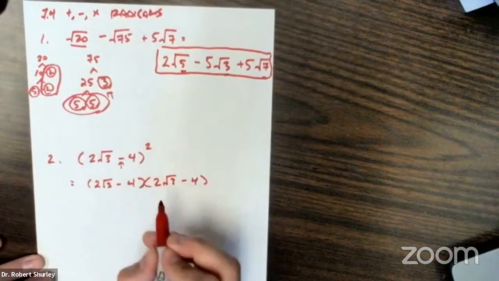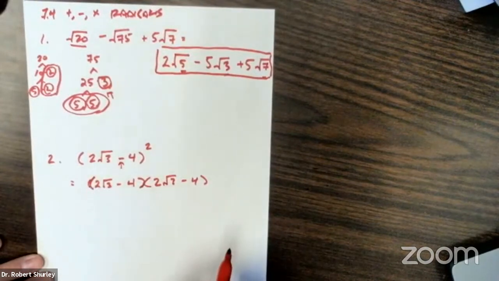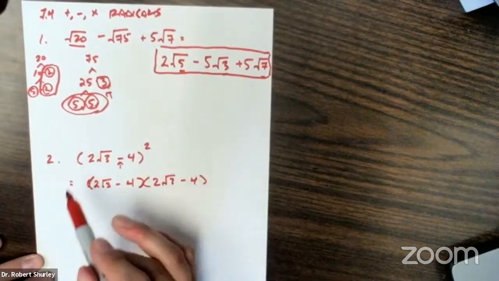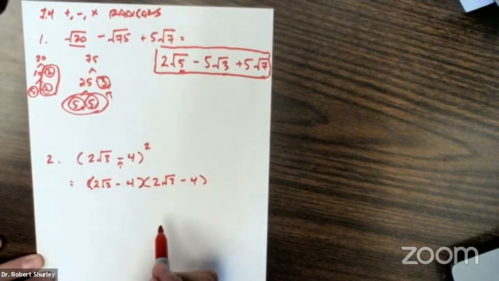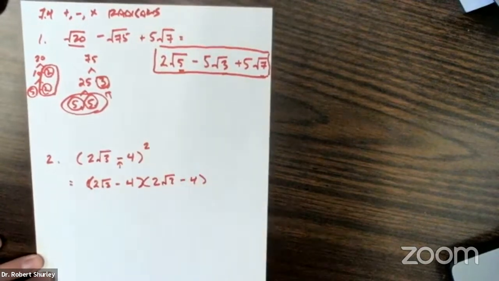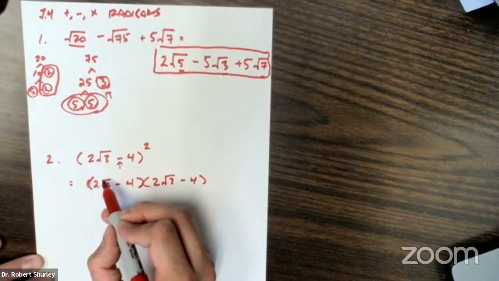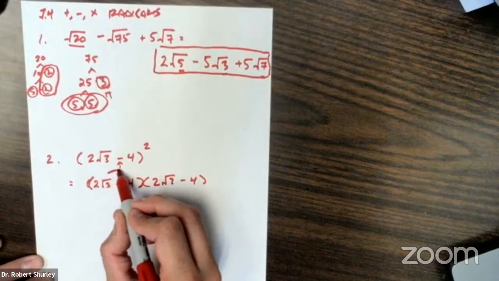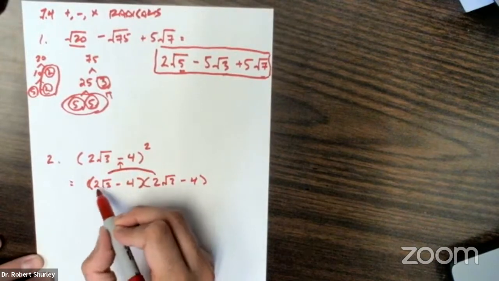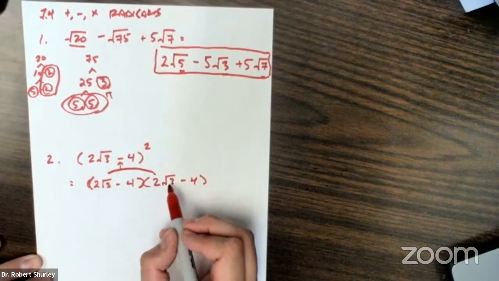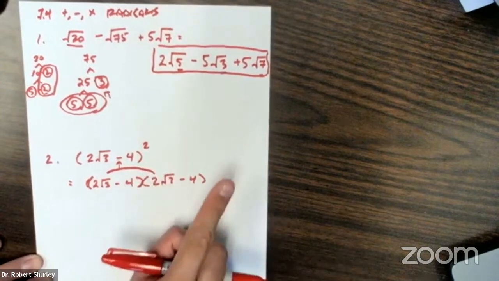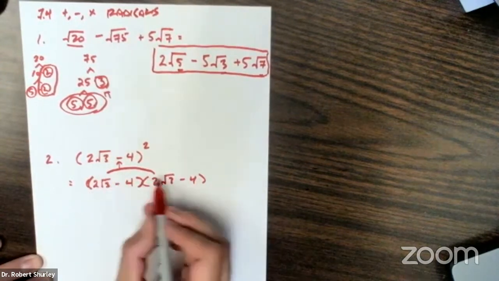Remember back in 5.1 or 5.2 or something, we talked about distribution. Okay, so now we're going to multiply, and this is multiplying radicals together. I'm going to multiply 2 square root of 3 times 2 square root of 3. Now, we can only multiply if the roots are the same, which they are, right?